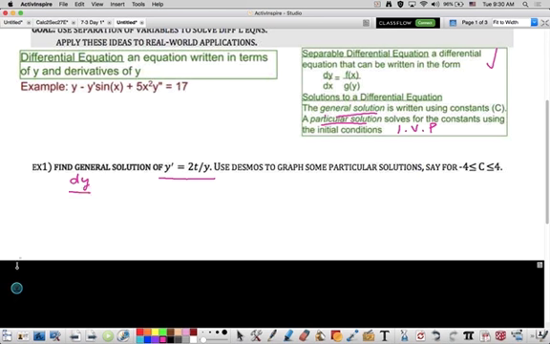Pay attention to what you're differentiating, right? Down here, I should not put dx, I should put dt.